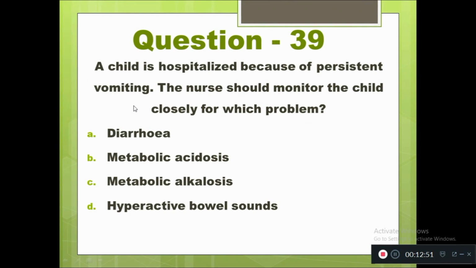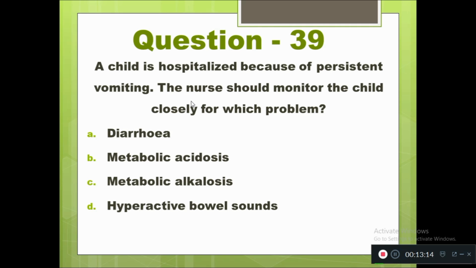Question 39. A child is hospitalized because of persistent vomiting. The nurse should monitor the child closely for which problem? Option A, diarrhea. Option B, metabolic acidosis. Option C is metabolic alkalosis. Option D is hyperactive bowel sounds.